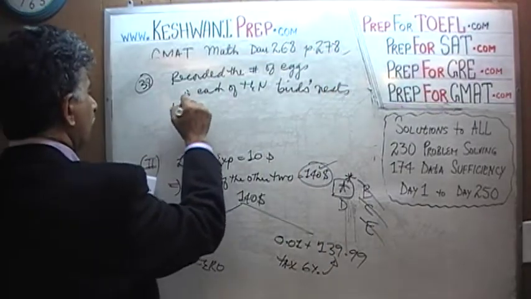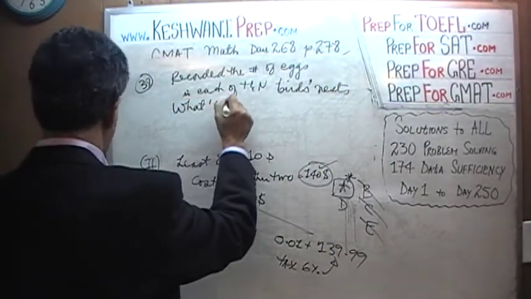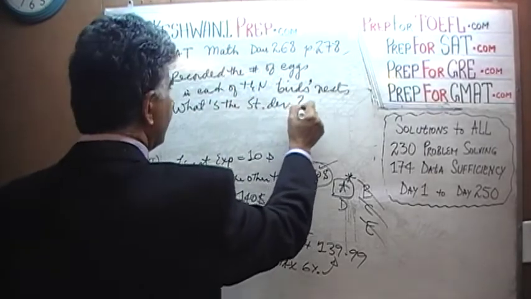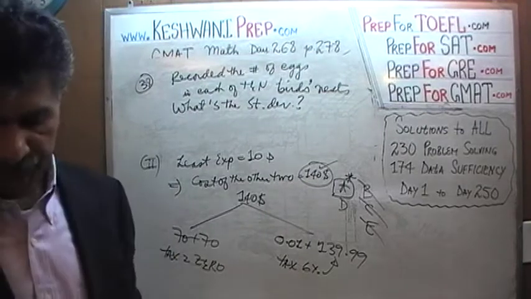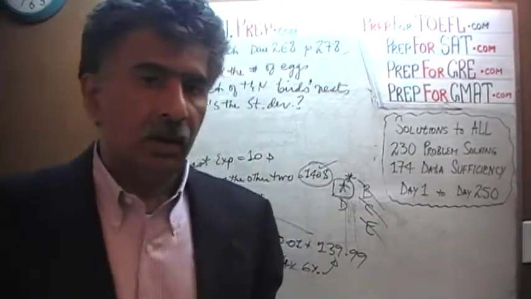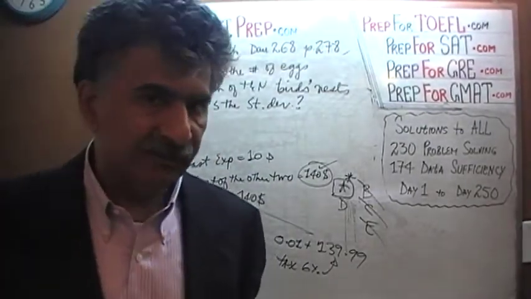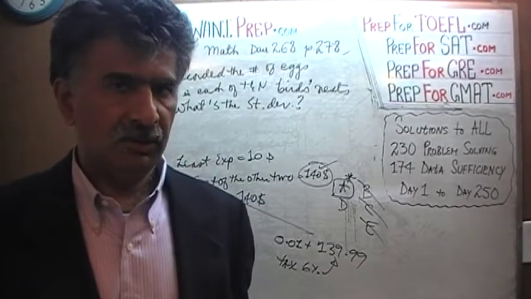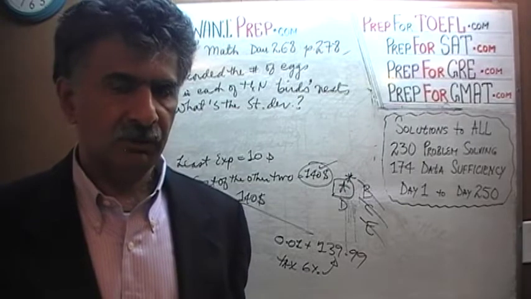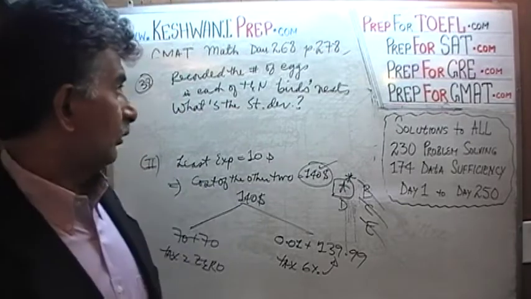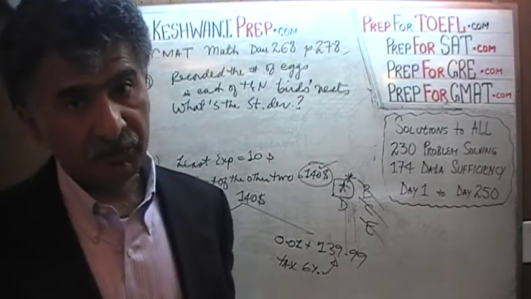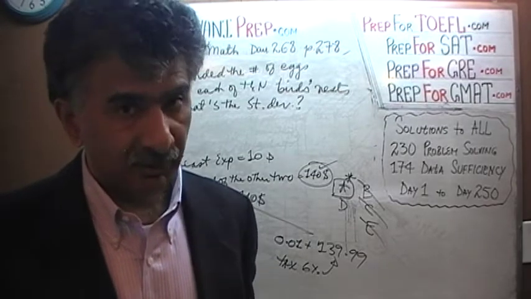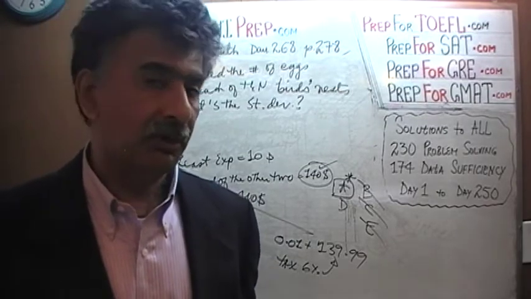The question is, what is the standard deviation? So there is this researcher who is going around recording the number of eggs he or she sees in the bird's nest, and she makes a record of it, and she looks at 10 nests. The question simply is, what was the standard deviation of her observations? There were 10 observations.